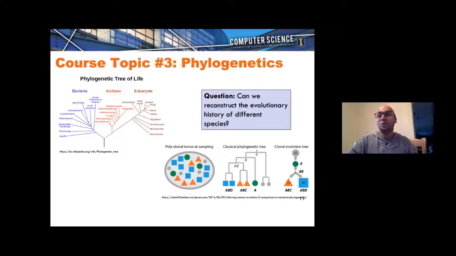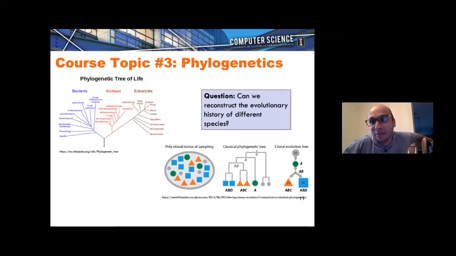The more similar two genomes are, that tells you something about divergence, like when the two different species diverged. The more similar they are, the more recent their common ancestor is. And you can represent this whole evolutionary history of life on Earth with a phylogenetic tree. This is what we call a phylogeny.